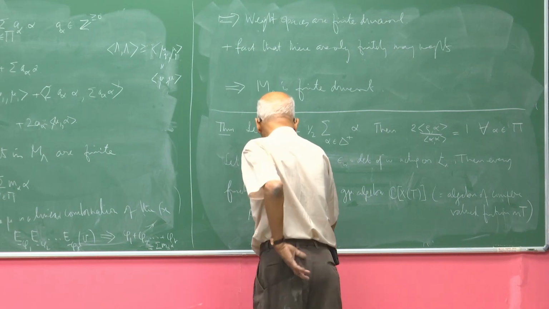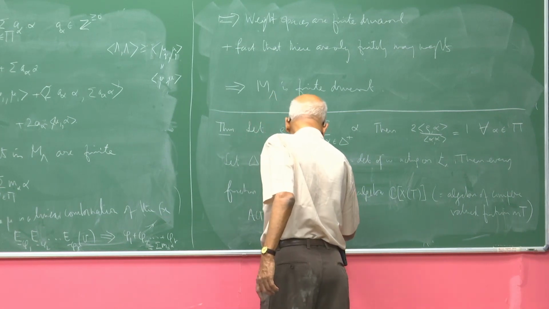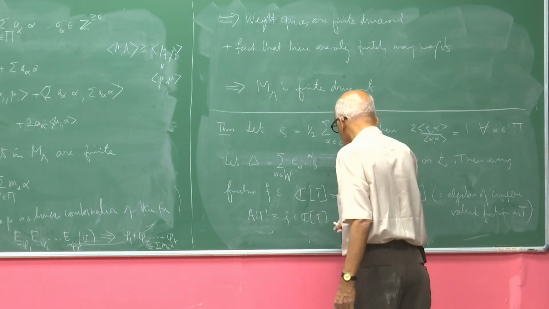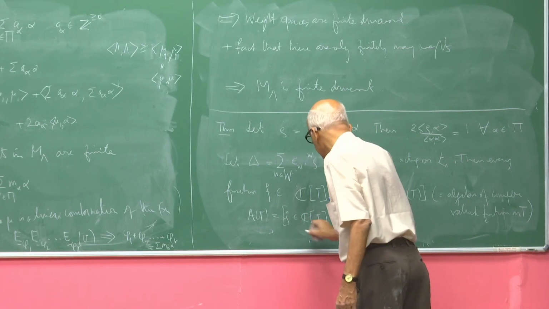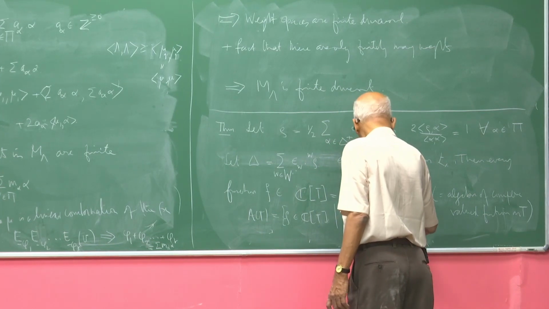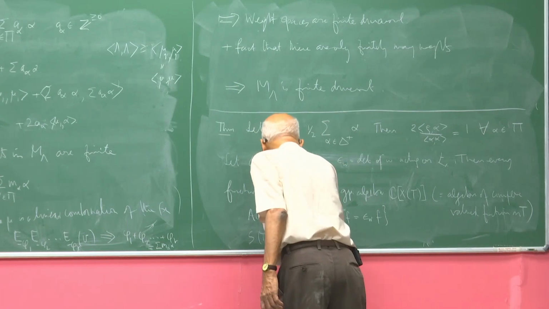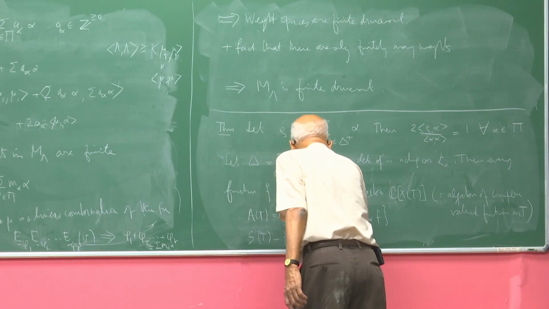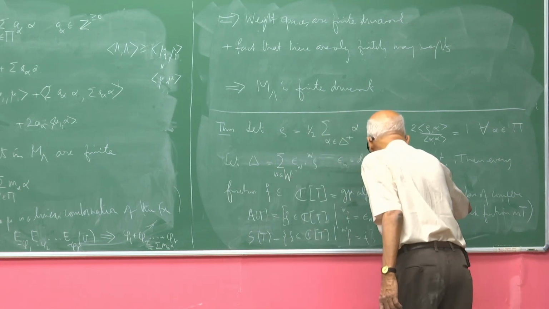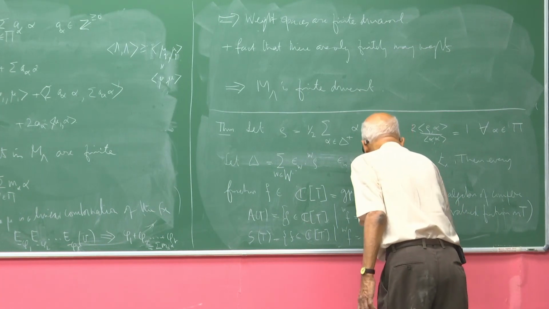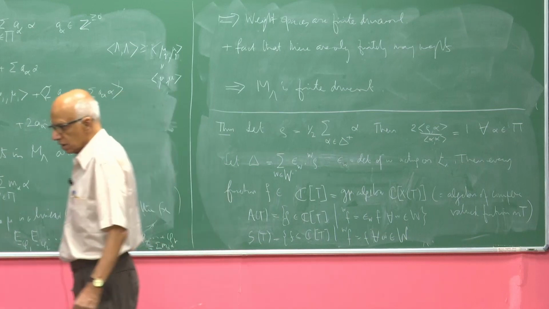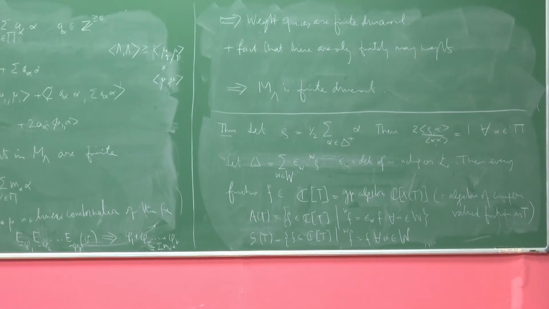A_T is by definition the set of f in C_T. The Weyl group operates on T and therefore operates on the group algebra of T, which is the group algebra of X_T, which is what I call C_T. A_T is by definition the set of f in C_T with w f equal to epsilon w f, and S_T equals the set of f in C_T with w f equals f for every w in W. So, that is the definition of A_T and S_T.